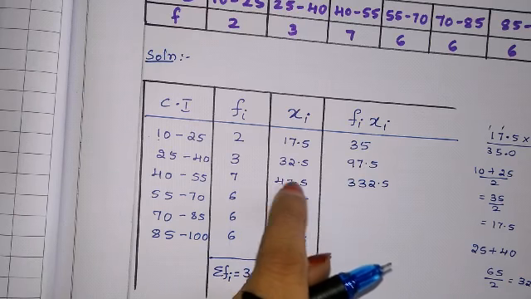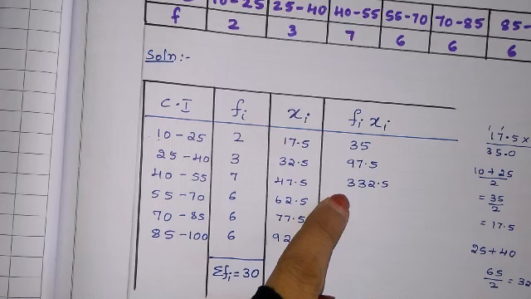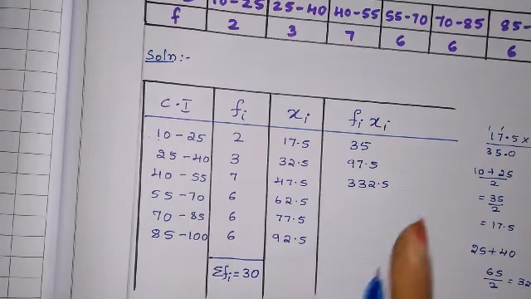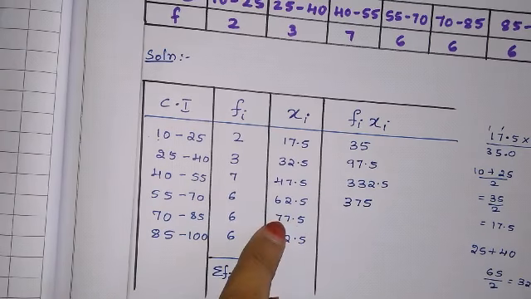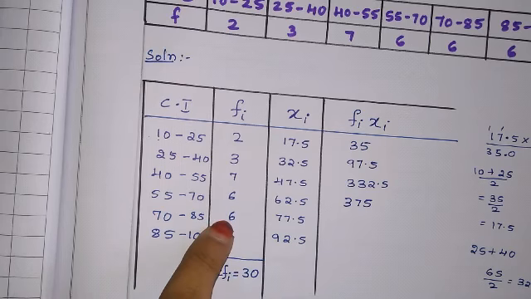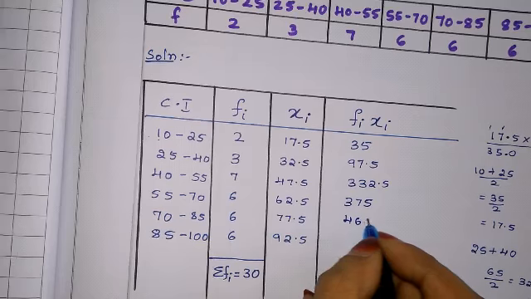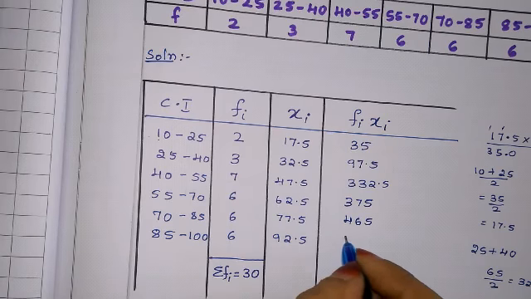Now 62.5 into 6 is nothing but 375. You can multiply and check. 77.5 into 6 is nothing but 465. And the last one, 92.5 into 6 is nothing but 555.